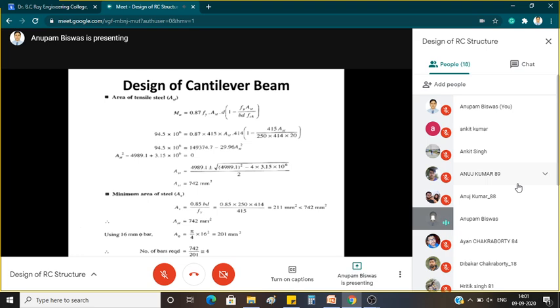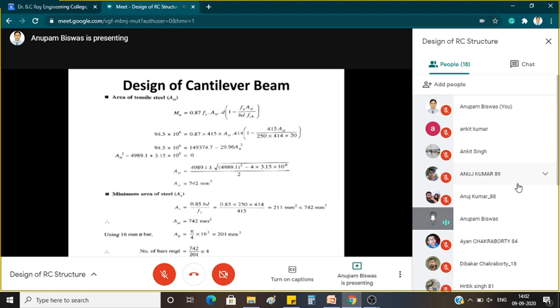It will be required so you can easily solve any question whenever it is asked in the exam. So the minimum area of steel from here we can obtain, that is 211 mm square, much lesser than 742 mm.